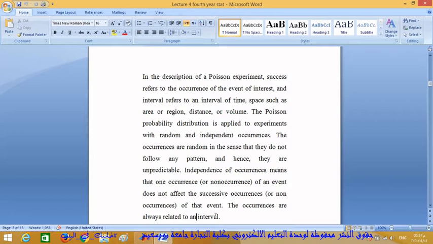The number of occurrences corresponds to an interval. For example, you can say that 3 cars come to the car wash every 1 hour. So the number of occurrences are related to the length of an interval.